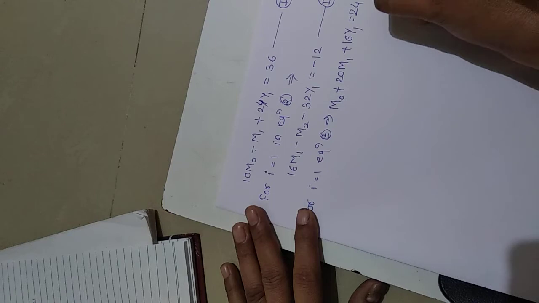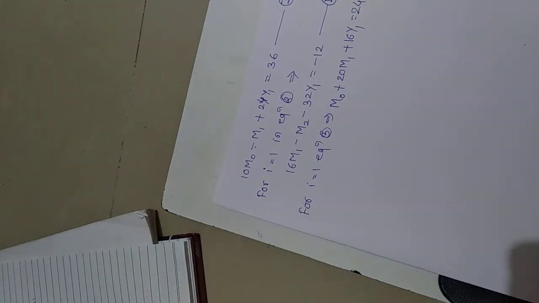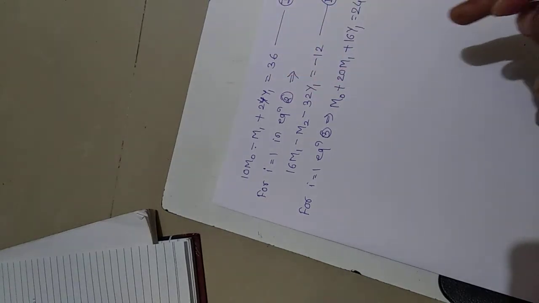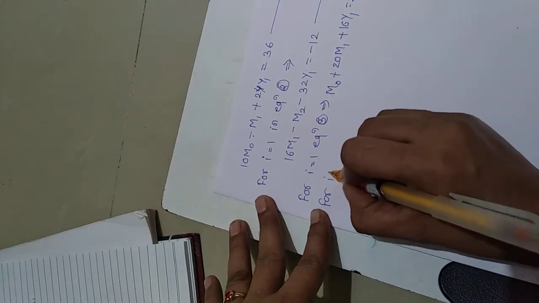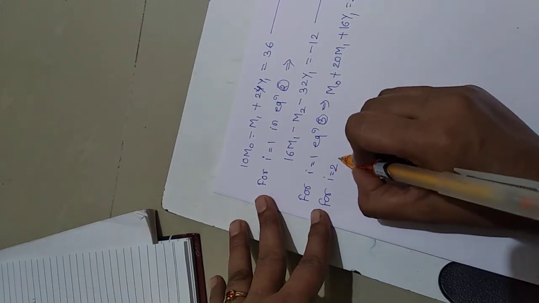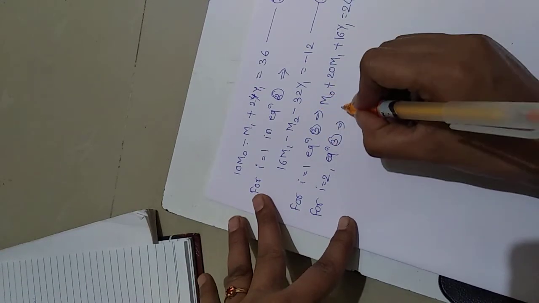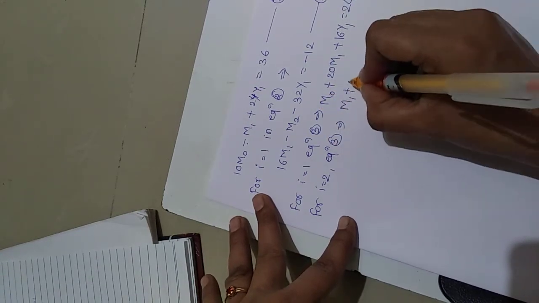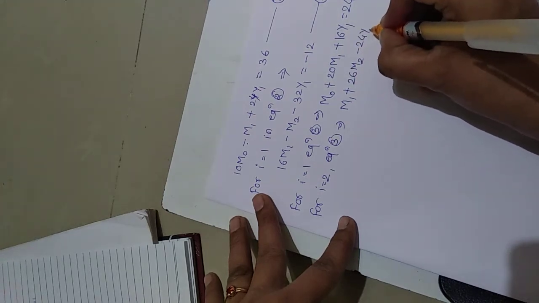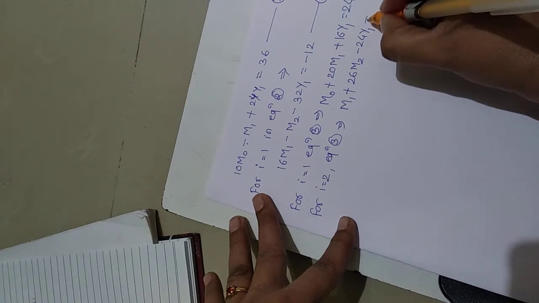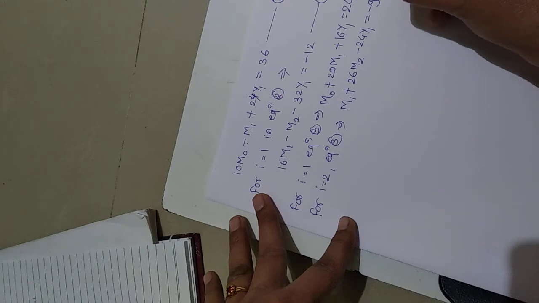That is equation third. The same procedure as for the first is used in the third. And for i is equal to 2 in equation 3, we get m1 plus 26 m2 minus 24 y1 is equal to minus 9. That is equation number 4.